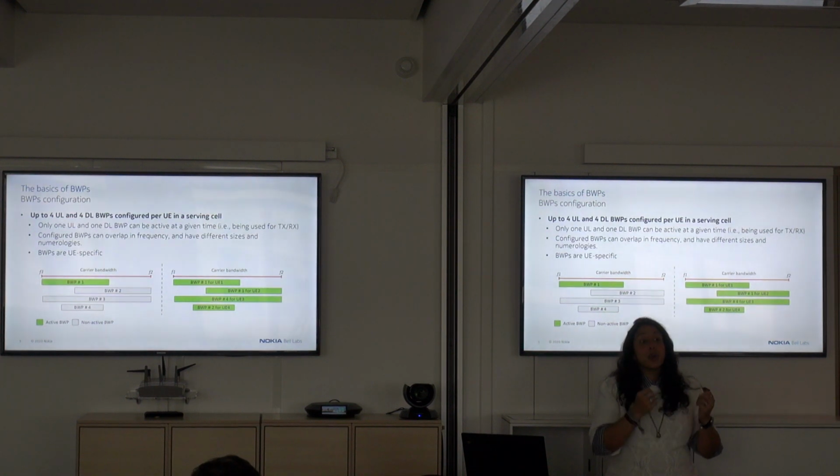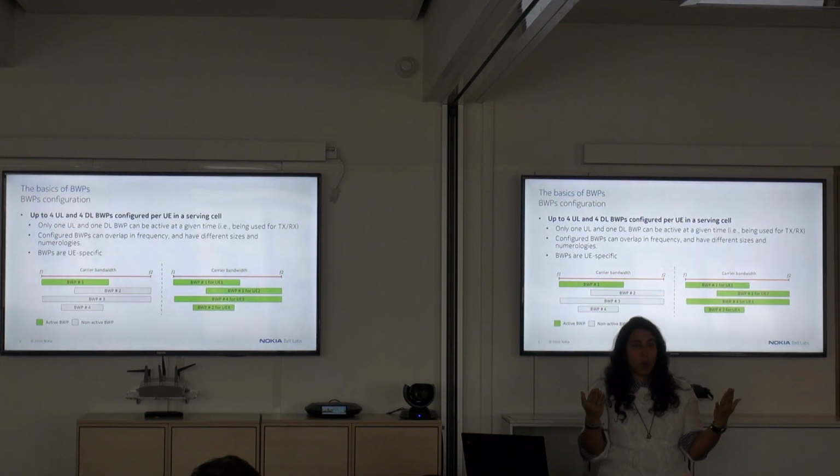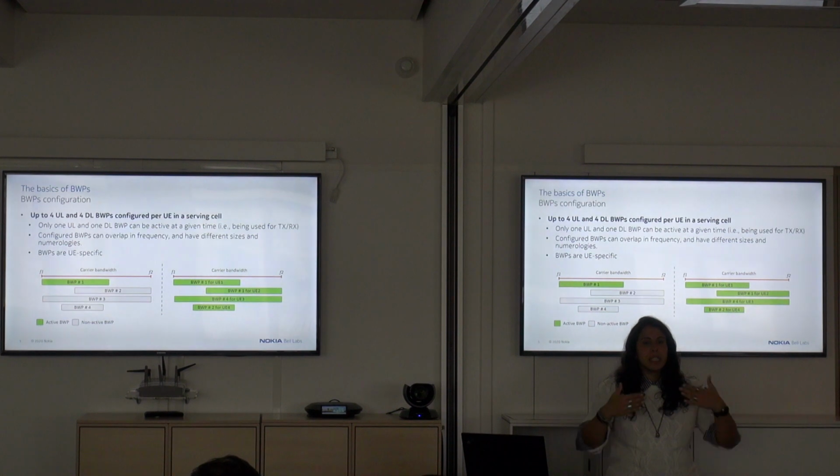Okay? And this is to avoid, of course, the conflict of a user having to monitor at the same time, for example, 2 different numerologies, or if you have bandwidth pairs that in the configuration overlap in frequency, then of course that would create a conflict for the user to have to monitor that at the same time.